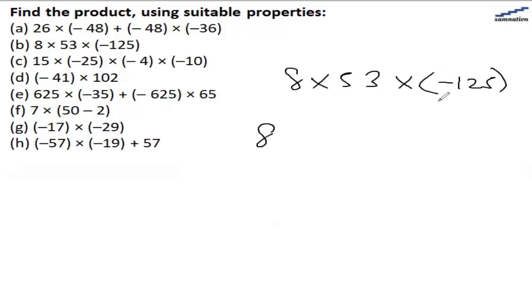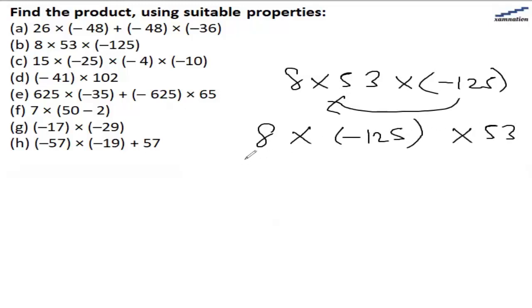In the second part, we have 8 multiplied by 53 multiplied by minus 125. Here we are going to use the associative property, where we are changing the position of the terms. So 8 multiplied by minus 125 multiplied by 53.